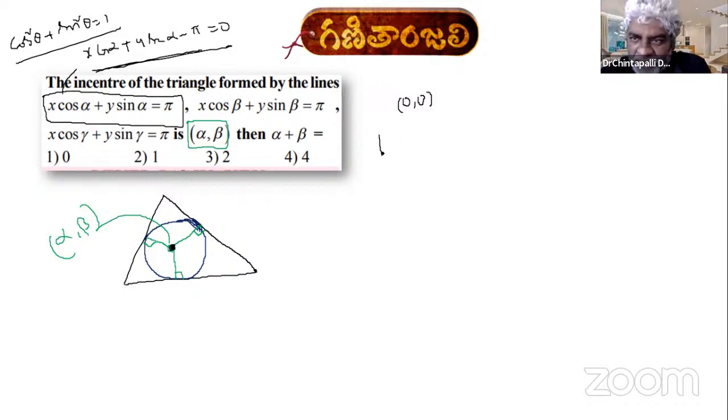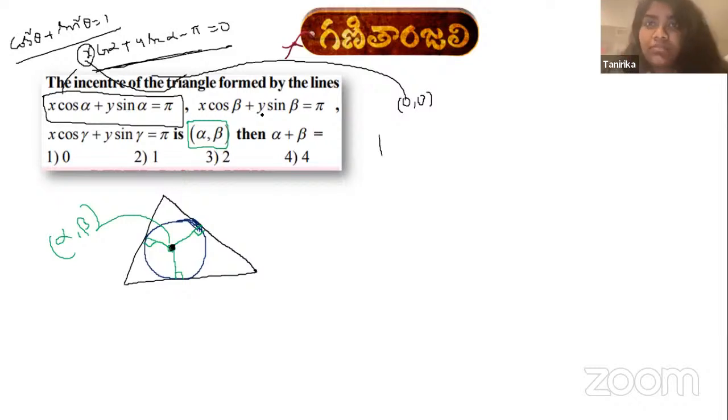That is mod of L alpha, which means we should write x 0 in the place of x. What happens? L alpha is 0, and M beta is 0. Minus pi.